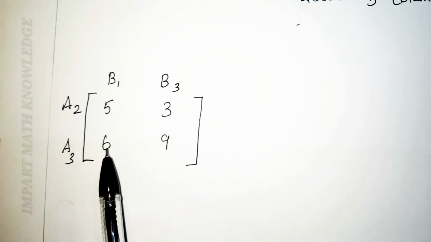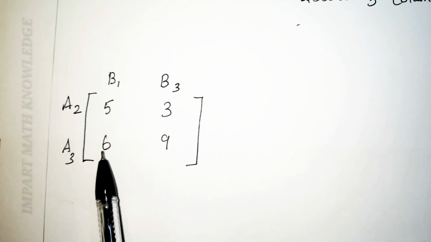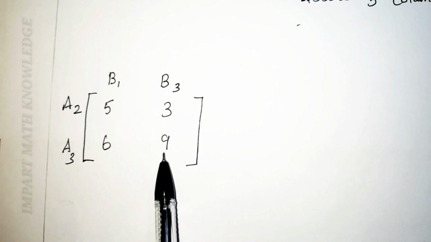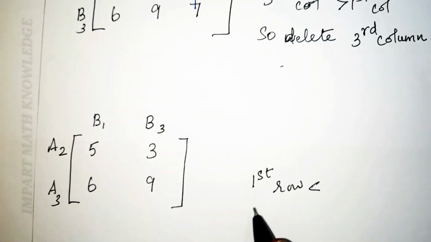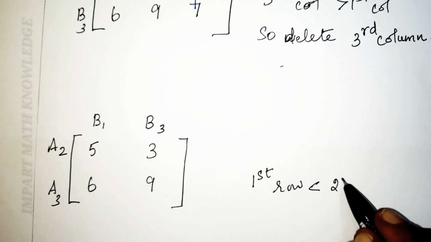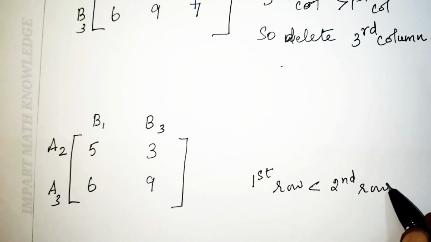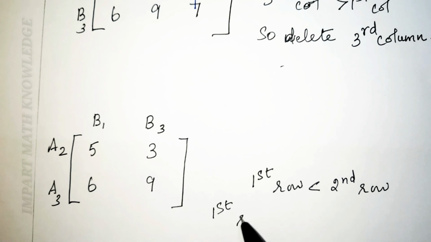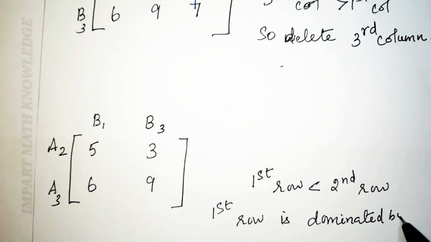Compare the first row with the second row. 5 is less than 6 and 3 is less than 9. First row is less than second row. So the first row is dominated by the second row.